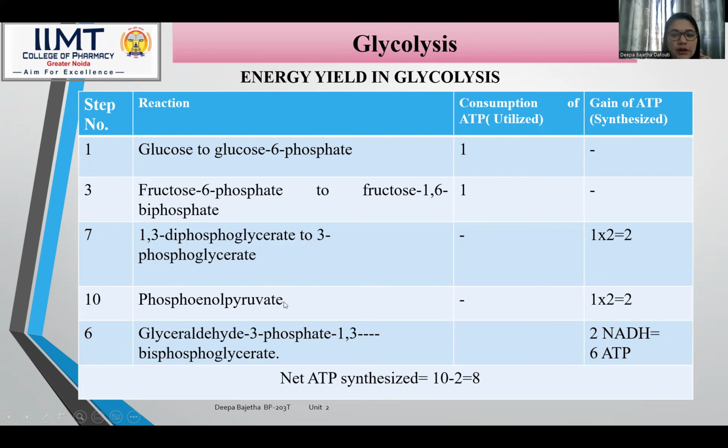In phosphoenolpyruvate to pyruvate, another 2 ATP is synthesized. Glyceraldehyde 3-phosphate is converted into 1,3-bisphosphoglycerate, 2 NAD is reduced to 2 NADH, and each NADH yields 3 ATP. So here net ATP synthesized is 8.